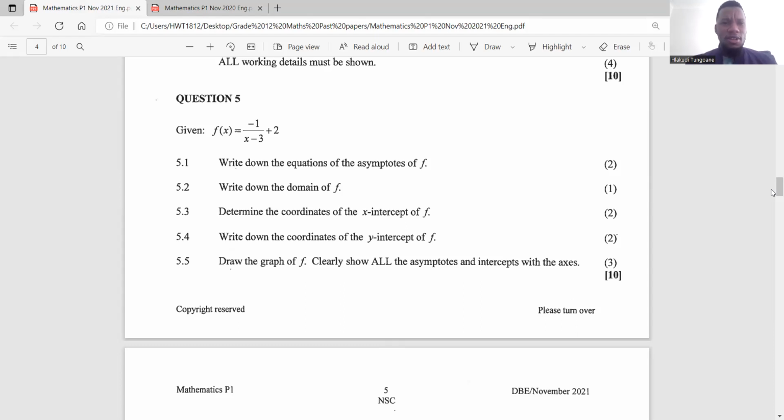Remember, as I've mentioned previously, it's very important that when you see that you're dealing with a particular function, you try to recall all the information you've learned for that function at the back of your mind, because it allows you to answer the questions much quicker.